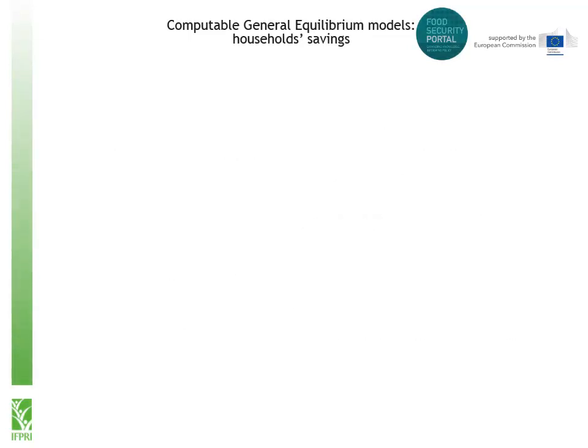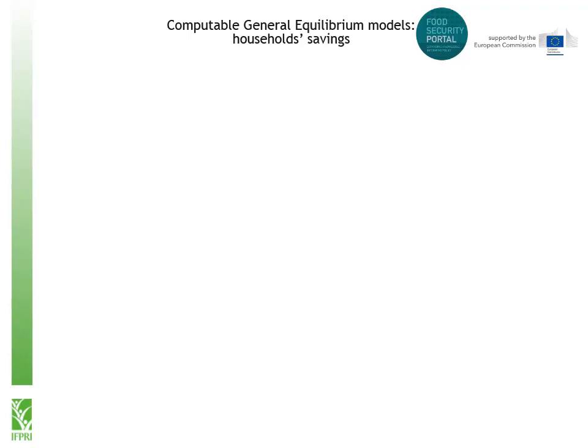It looks simple to introduce household savings, because what we saw until now is that we have an income, then disposable income because of income taxation, then allocations of disposable income between saving and final consumption.